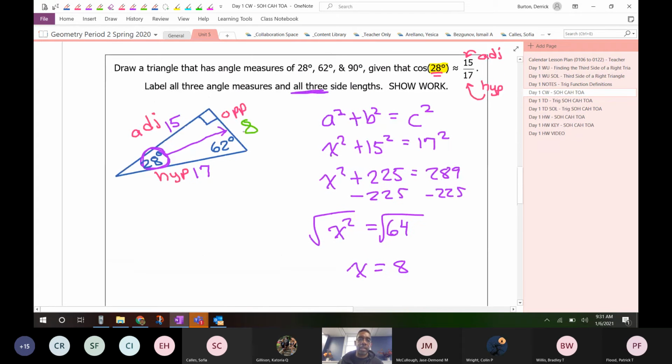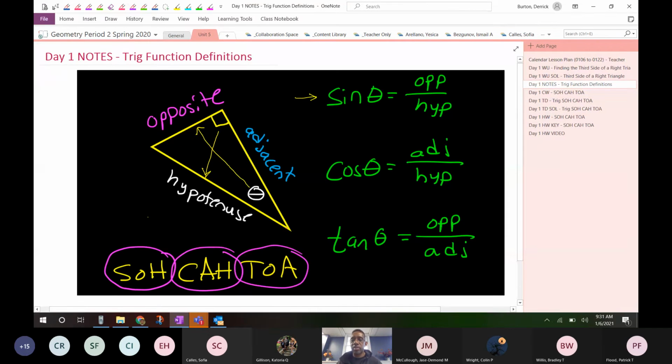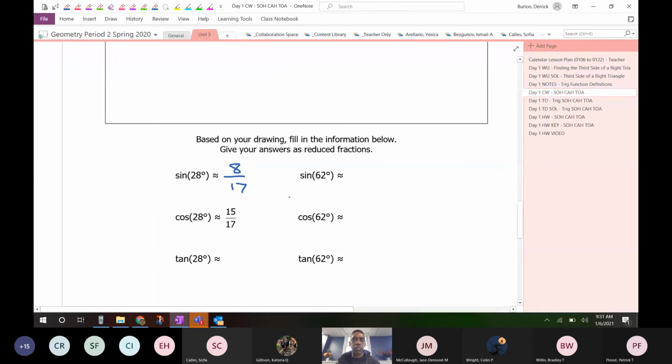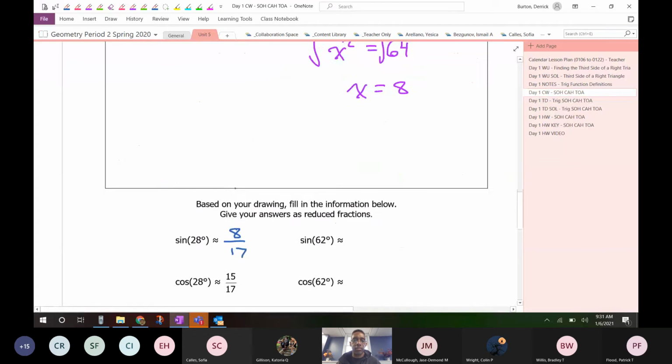Okay, so that's going to be 8 over 17, opposite over hypotenuse. Tangent of 28. Tangent is opposite over adjacent. Opposite over adjacent, so that's 8 over 15.